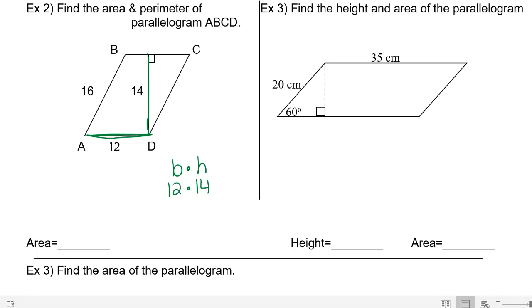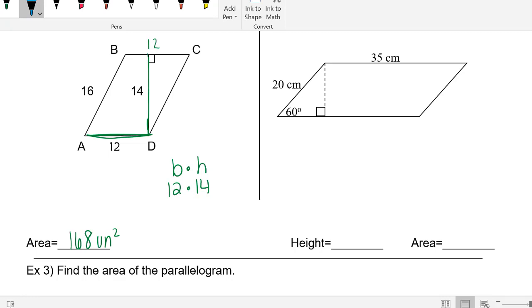That 12, its opposite side is 12, and then we have that height associated with that right angle. So that's why I used that height of 14 and that base of 12. I could totally use that base of 16, right? Its opposite side is CD, but we're not given the height from that base of 16. So my area of this figure is 168 units squared. I don't have a line for perimeter, so we're just going to have to add that in.